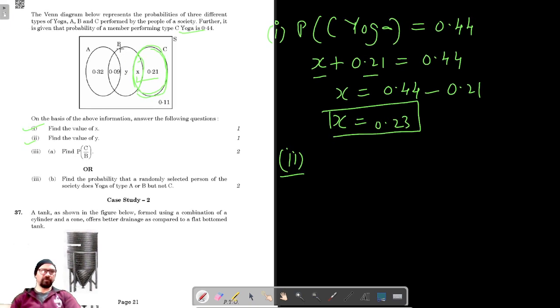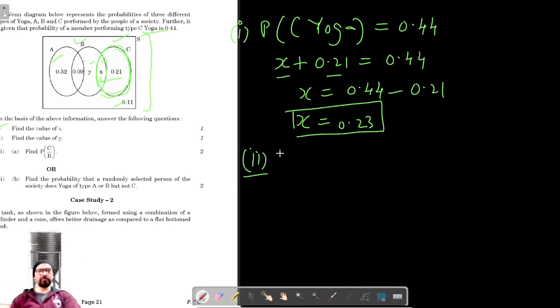The value of y lies in the probability of B, which is 0.09 plus y plus x, but we don't have the probability of B. Now, this is the complete sample space, and if we add the probability of A, B, C, and 0.11, that will be 1.